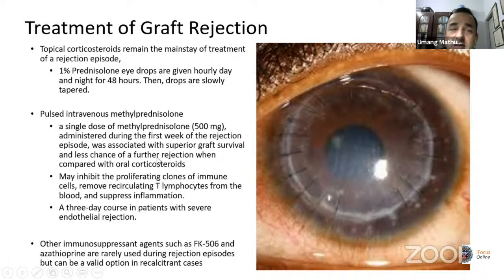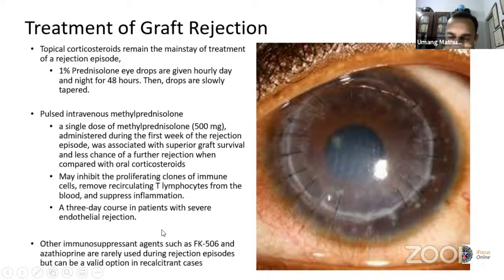The advantage is that you need a very high dose to inhibit the proliferating T lymphocytes. The role of oral steroids is not that much, because topical steroids act directly on the afferent pathway, and otherwise at the splenic level you need to work with IV methylprednisolone.